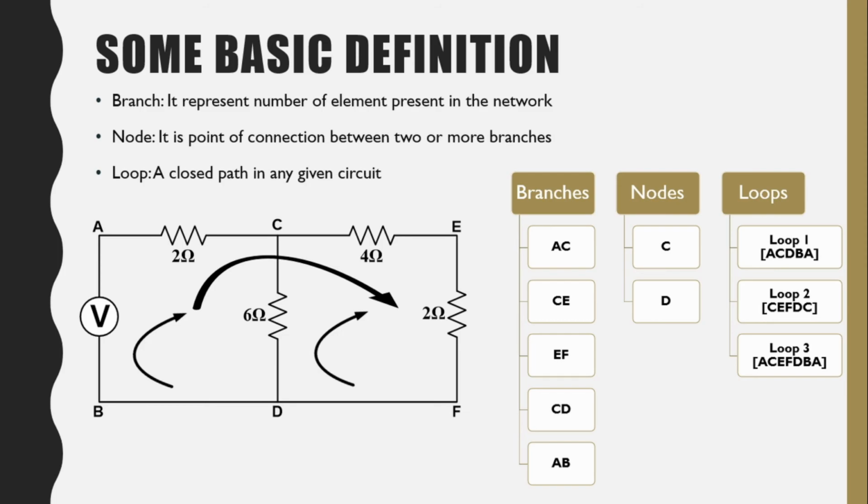So this circuit consists of 5 branches, 2 nodes and 3 loops. In any circuit, there would be a branch, a node or a loop. So any of them you should be able to observe.